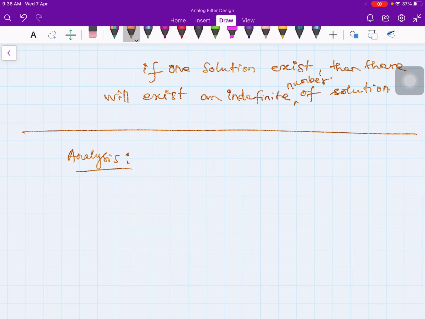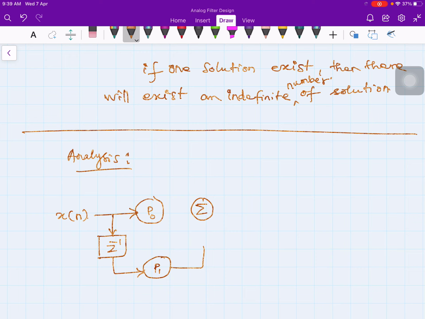So x of n, then p0, okay, and then there is a delay z inverse, and then you have a multiplier p1 that adds to summation, and then this adds up to another summer. Okay, this is my y of n.